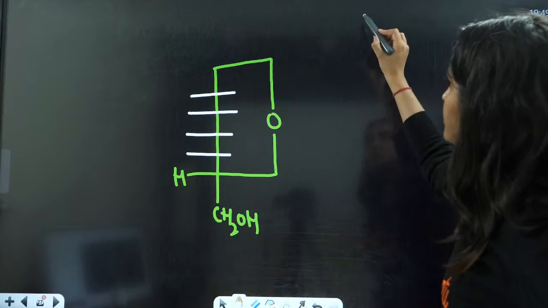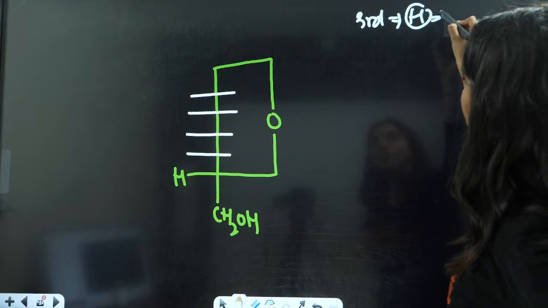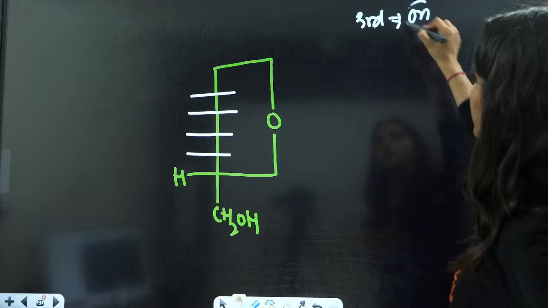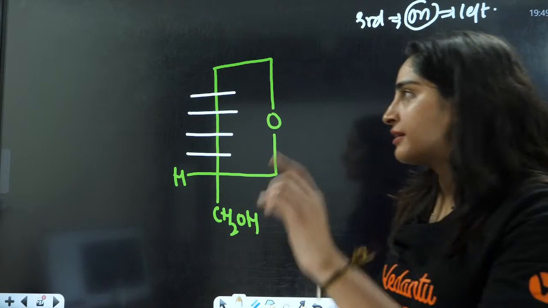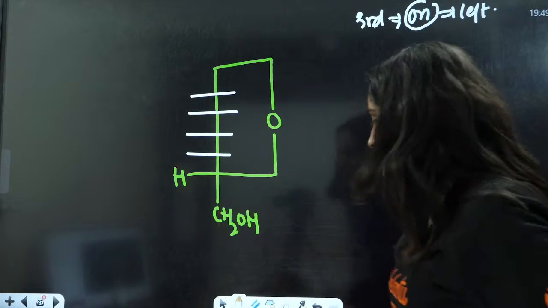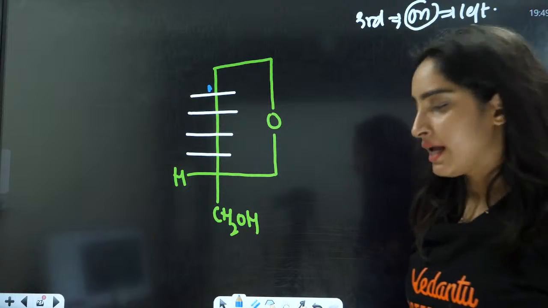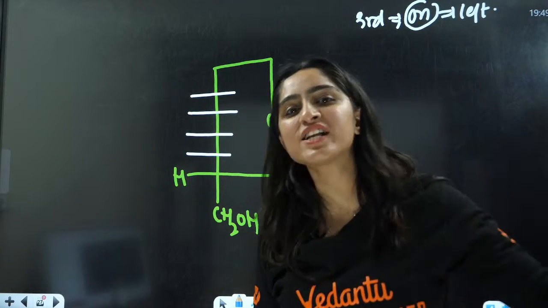In the glucose structure, on the third carbon you have OH on the left. This is the structure of glucose only. This carbon number 1 initially did not have any OH group.